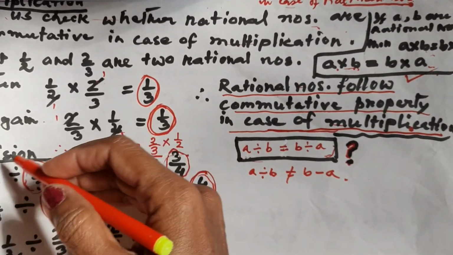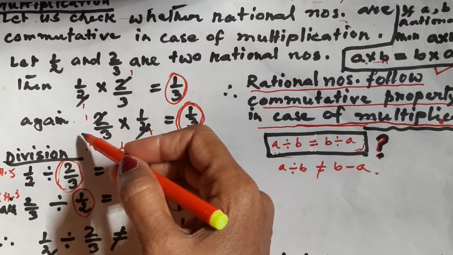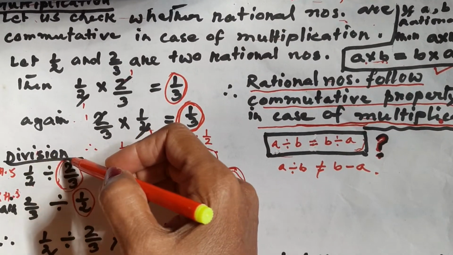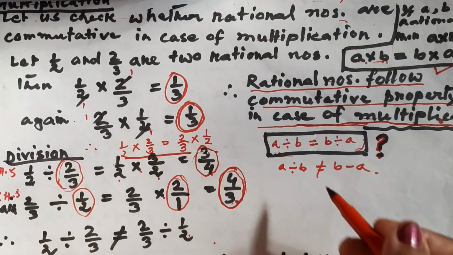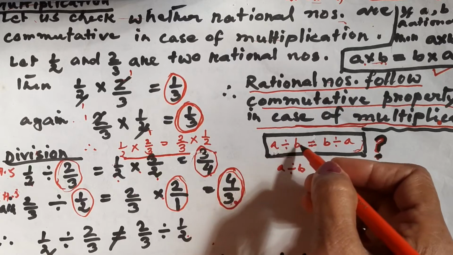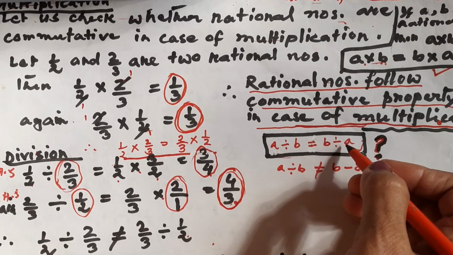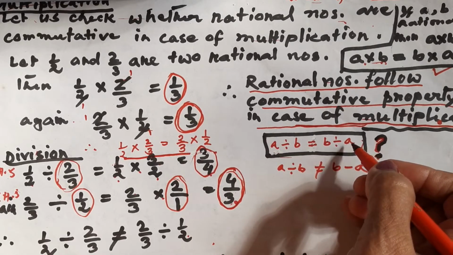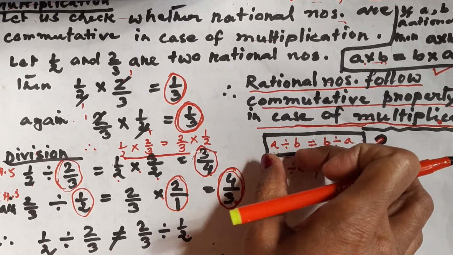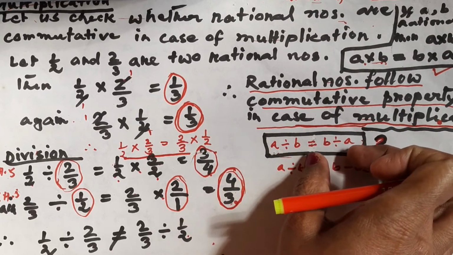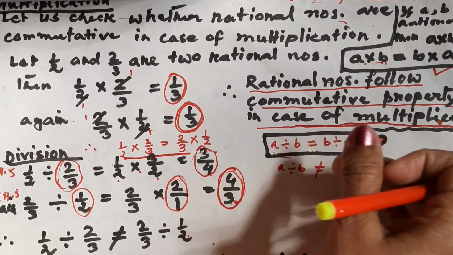Now, let us find out whether it is valid for division or not. Let us take a divided by b equal to b divided by a. So we first observe whether this is equal to this or not.